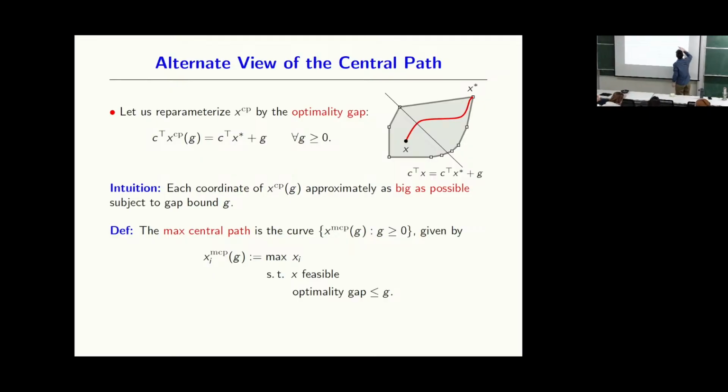So as I'm moving this hyperplane over, this particular point in this case is approximately as far away from all of the constraints as it could possibly be. If you look at this inequality, inside this half space, the furthest point away is, I guess, also this one.